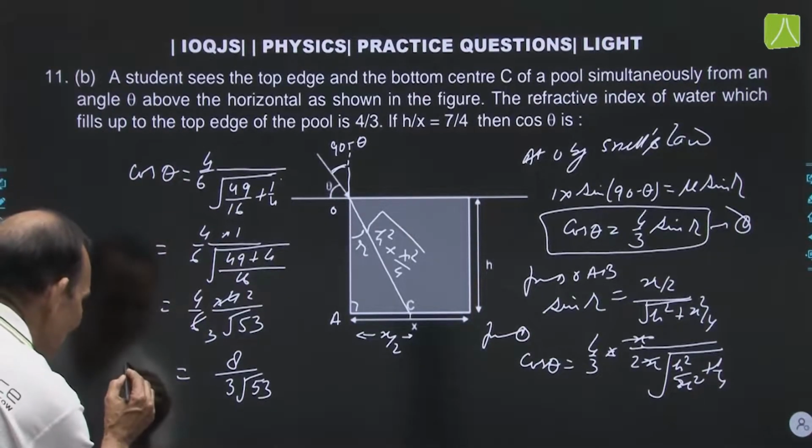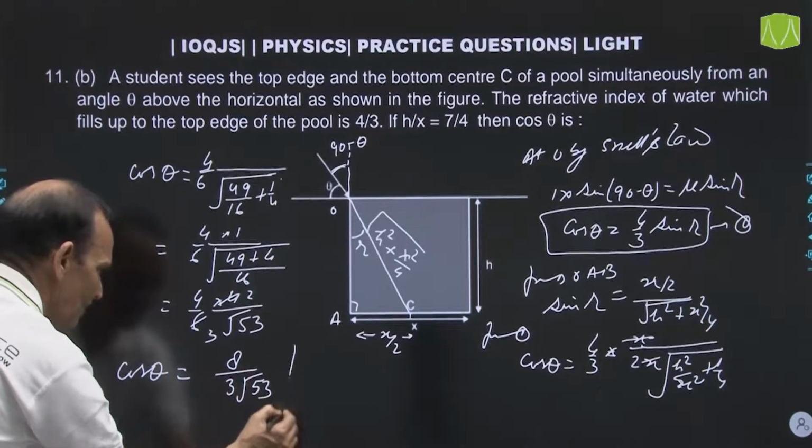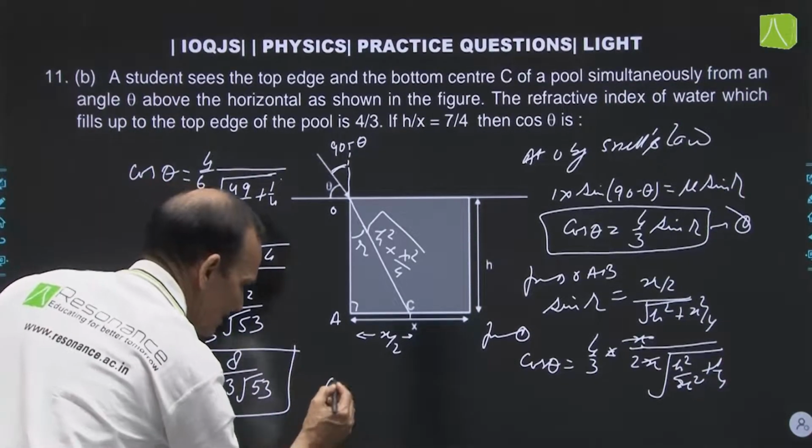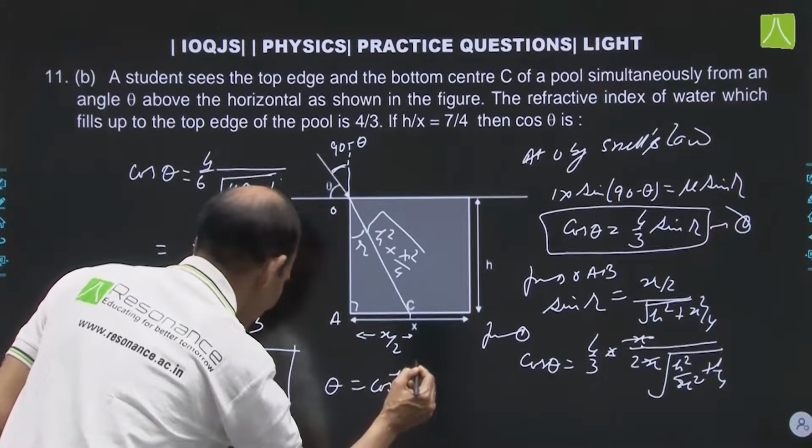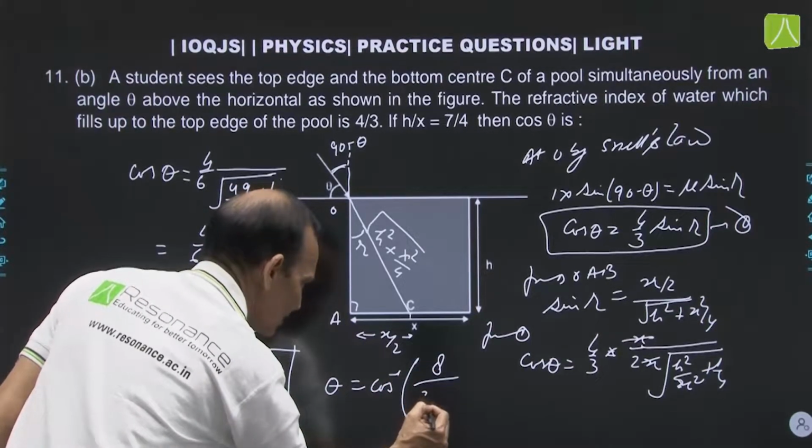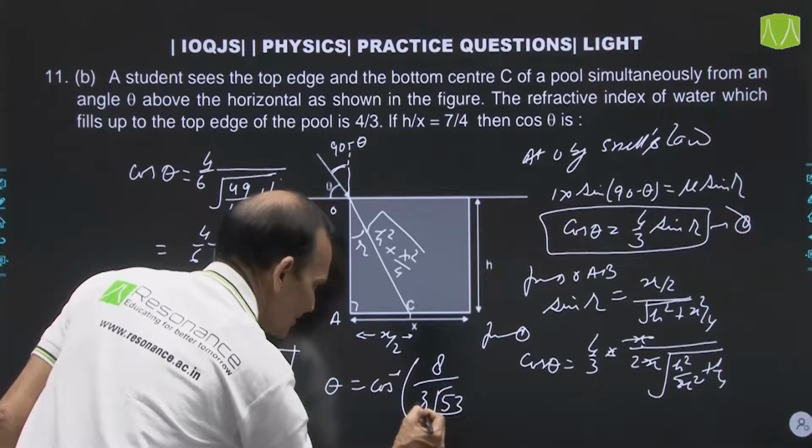Okay, this is the answer, cos theta. Or we can also write theta is cos inverse of 8 by 3 root 53. It is the answer.